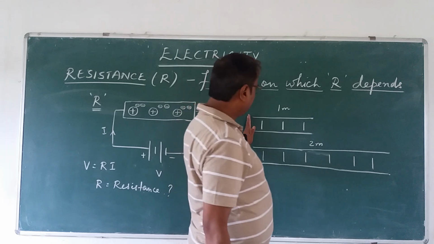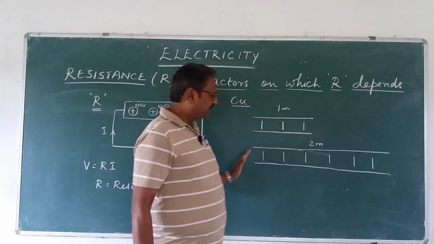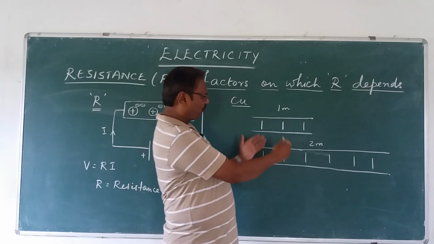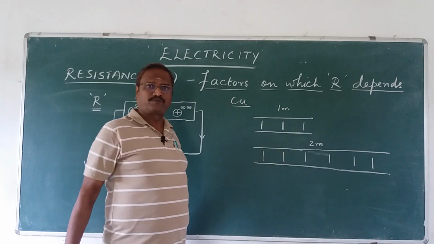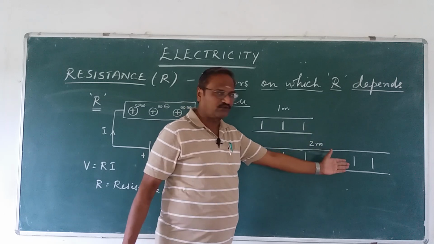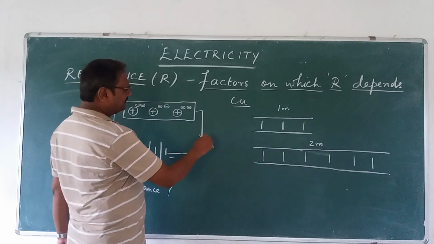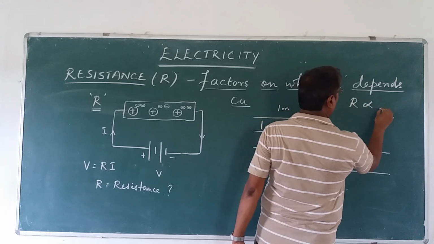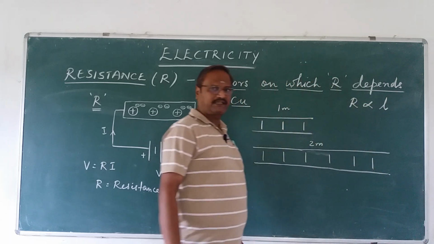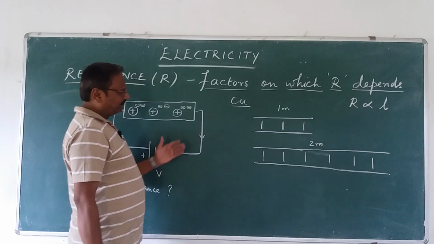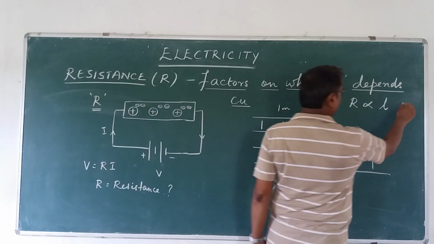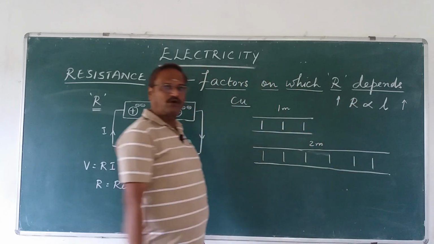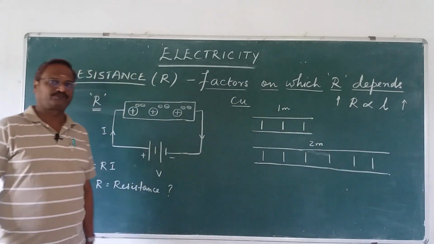The length is 1 meter and the length is 2 meters. Length is doubled, which means more resistance, more hurdles. So we can say the resistance is directly proportional to the length of the conductor. That is, the more the length of the conductor, the more the resistance or obstruction offered to the current flow.